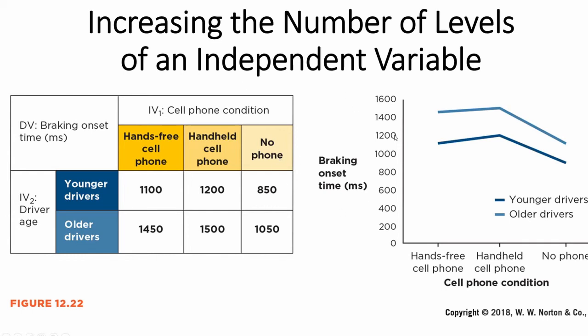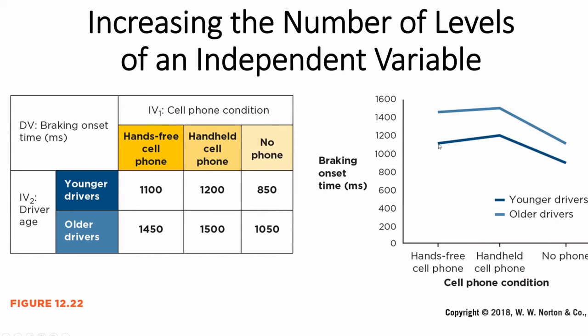So in this situation, if we want to look at our results, because you know how much I don't like these tables, now that we've gone through this a few times, we can look at our dependent variable here on the y-axis. And this time on our x-axis, we have 3 different options for this one of our independent variables, that cell phone condition. So hands-free, handheld, or no phone.